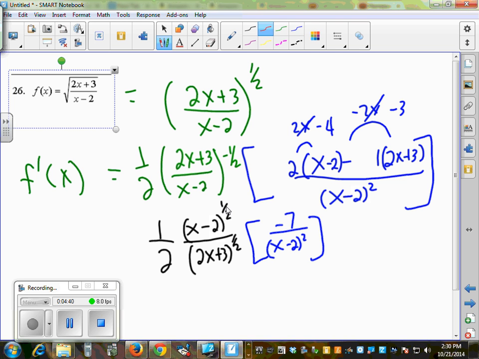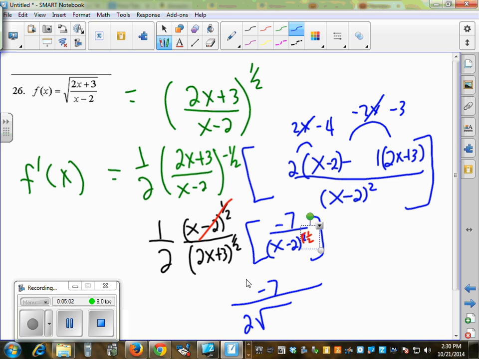I notice that these two things, they cancel. We have more on the bottom, so this is going to become x to the 1½ or x to the 3/2. So we're going to get -7 over 2 this to the half power, or 2x plus 3.